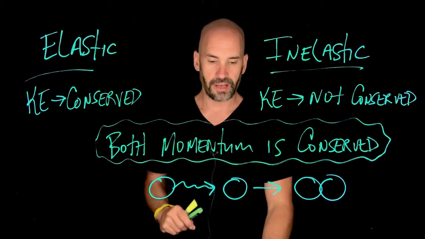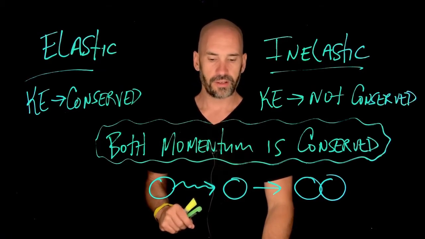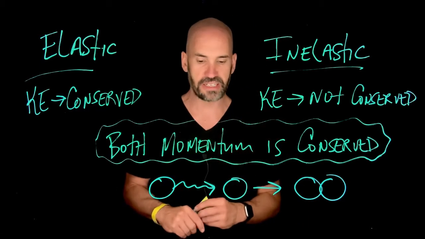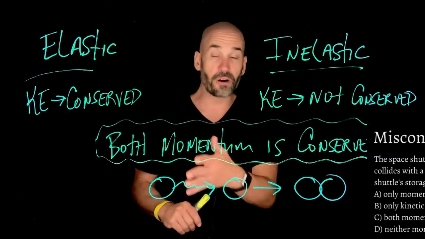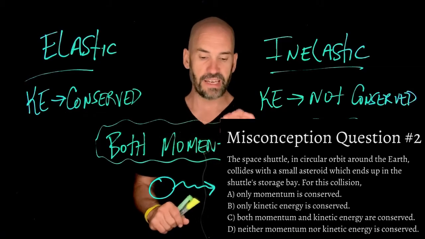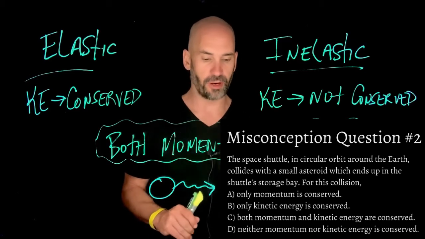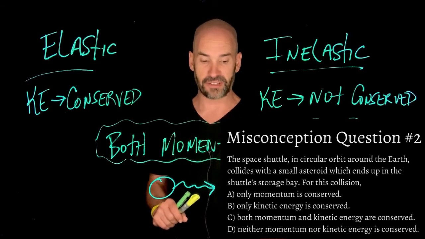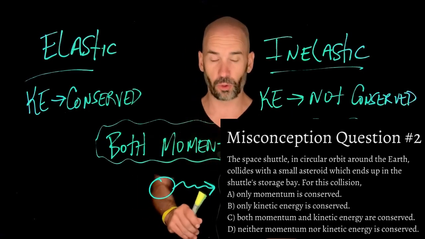All right. So take this on to the misconception question that follows. It says, in the space shuttle, and this is a perfect example of what I was just talking about. In the space shuttle, in a circular orbit around the Earth, the shuttle collides with an asteroid that ends up in the shuttle's storage bay.